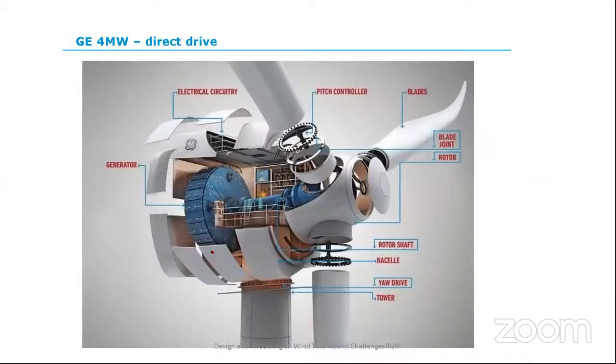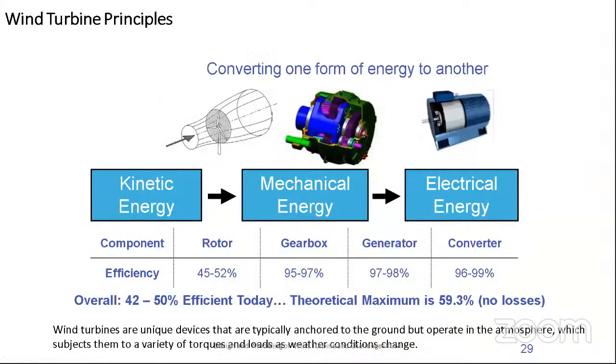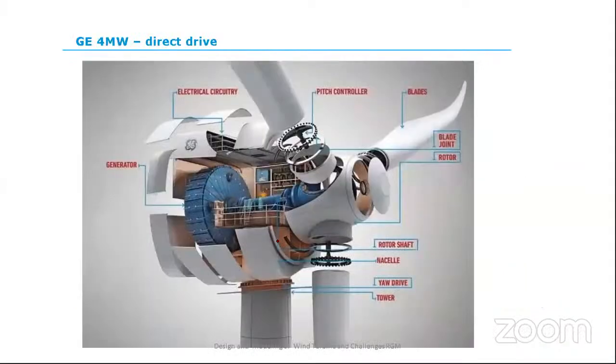Some turbines are also designed as direct drive, where there cannot be any gearbox. In the previous design we saw the components, from the kinetic energy of the wind to mechanical energy, with the gearbox. But here there is no gearbox. Without a gearbox, how is it possible?